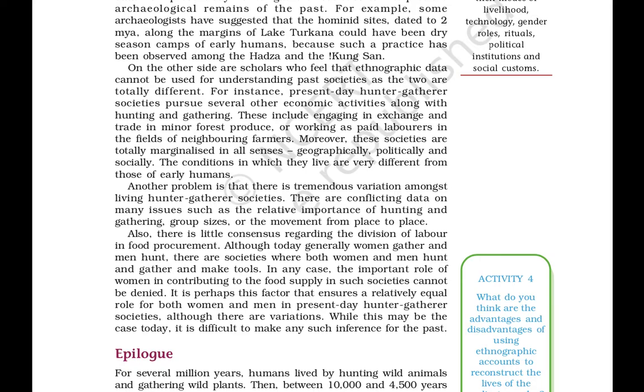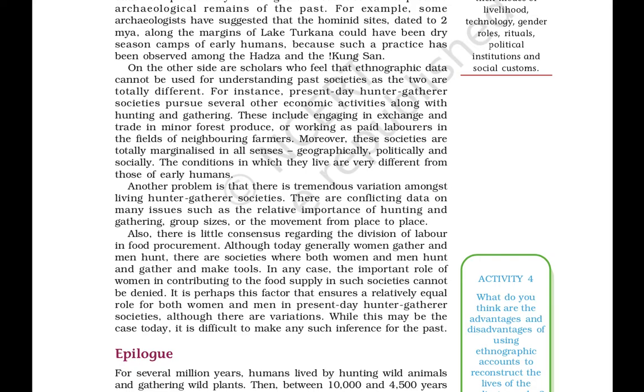These include engaging in exchange and trade in minor forest produce or working as paid laborers in the fields of neighboring farmers. Moreover, these societies are totally marginalized in all senses: geographically, politically, and socially. The conditions in which they live are very different from those of early humans.